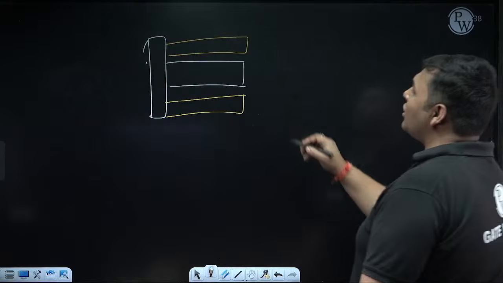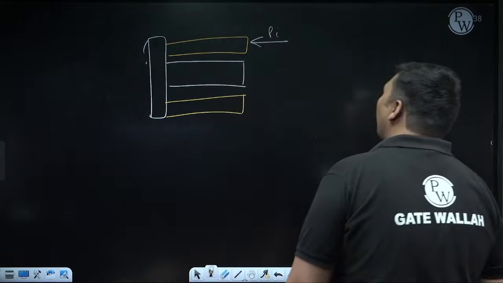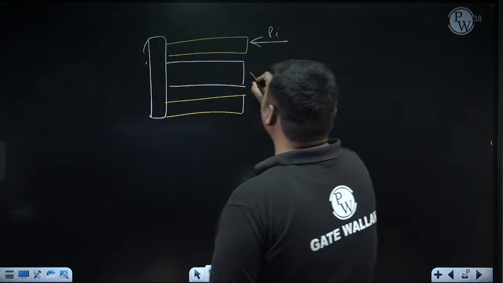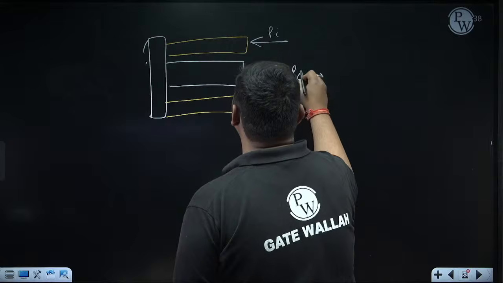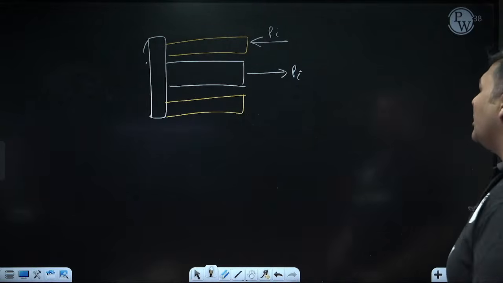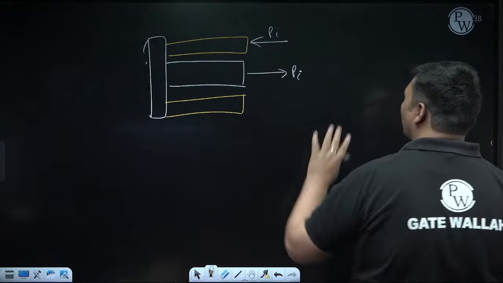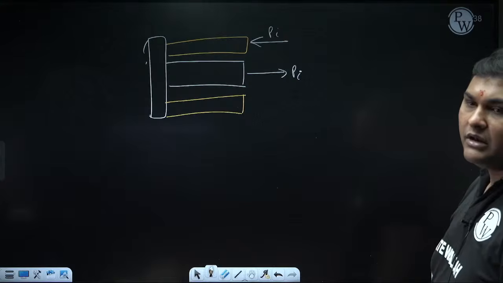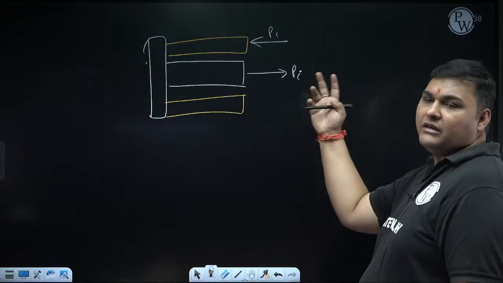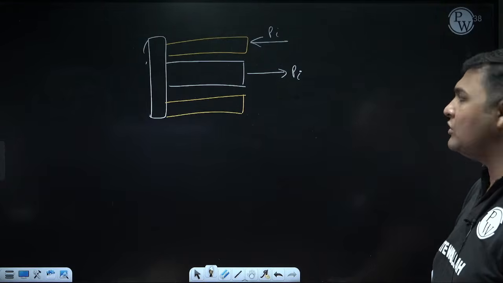So the nature of Pi in the connecting member will always be compressive. And by whatever amount compressive force is coming in the connecting member, the tensile force by the same amount will come in the bolt to ensure the net force in the axial direction is 0. So if preload is Pi, the nature of that Pi in the connecting member is always compressive. The nature of that Pi in the bolt is always tensile. Sometimes the examiner can ask directly, simply calculate Pi. The nature of that Pi is tensile in the bolt, and compressive in the connecting member, that we know.